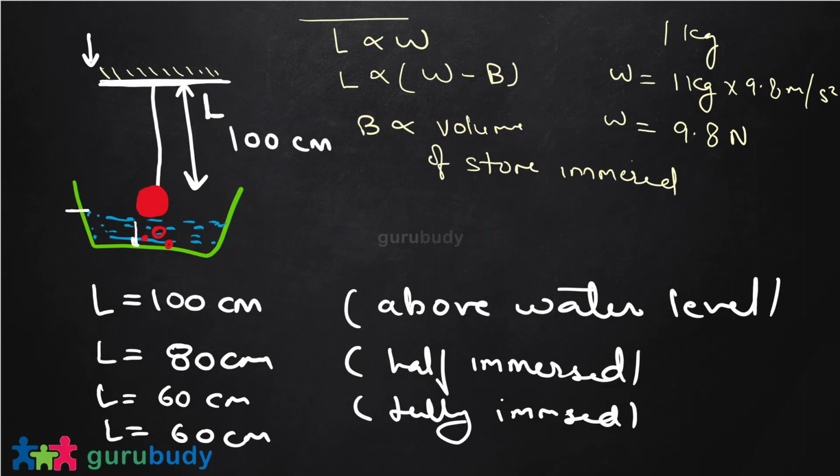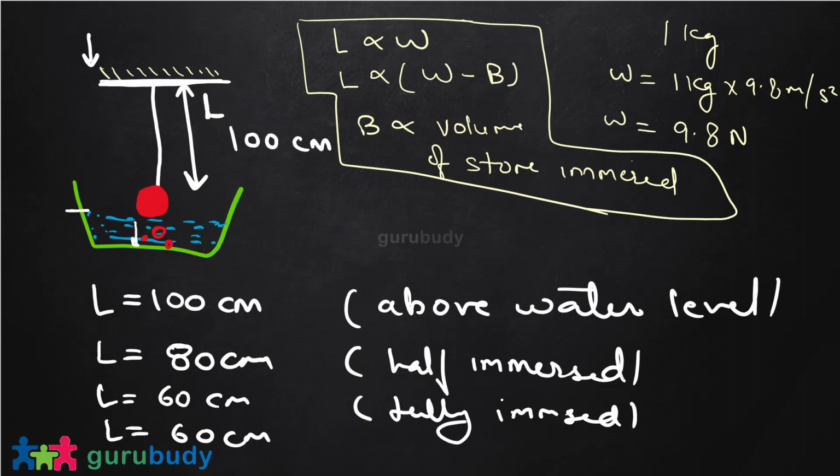So these are points I would like you guys to think about. The length initially was proportional to the weight, but after a while, when buoyancy starts coming into play, buoyancy has a negative impact on the length, and the buoyancy force, which is the upward force acting on the stone, is dependent upon how much of the volume of the stone is immersed inside water.